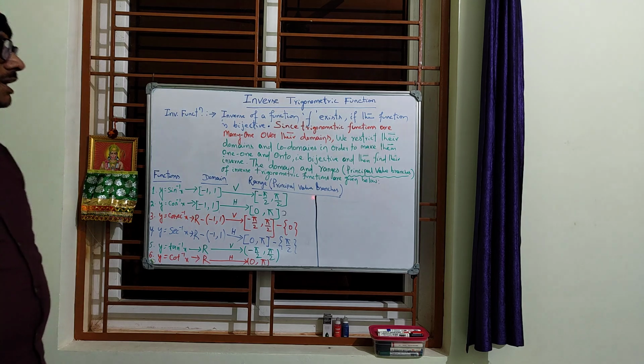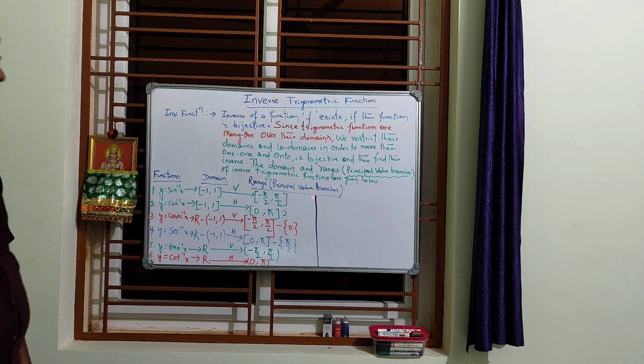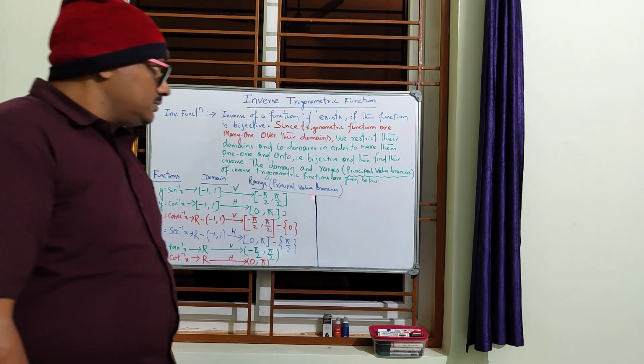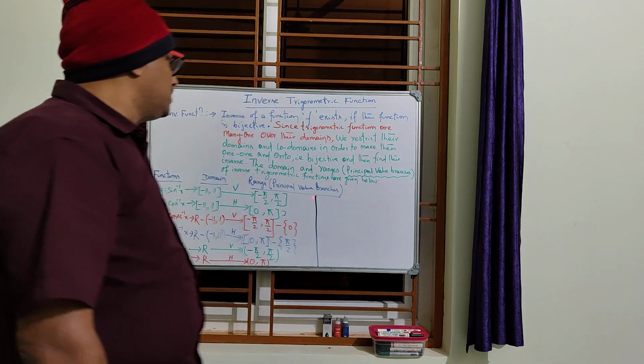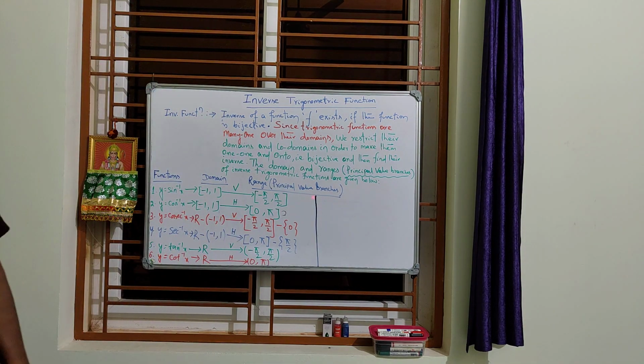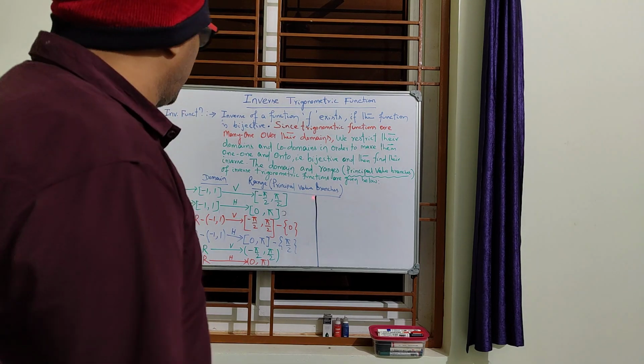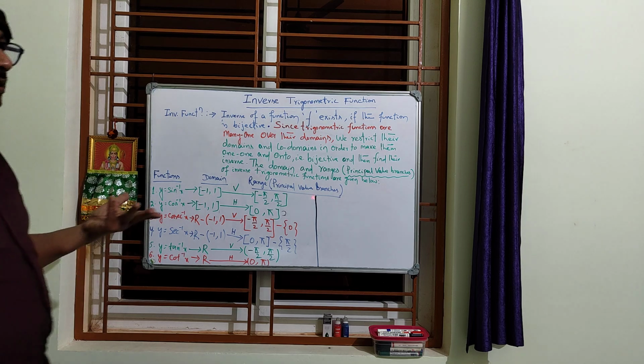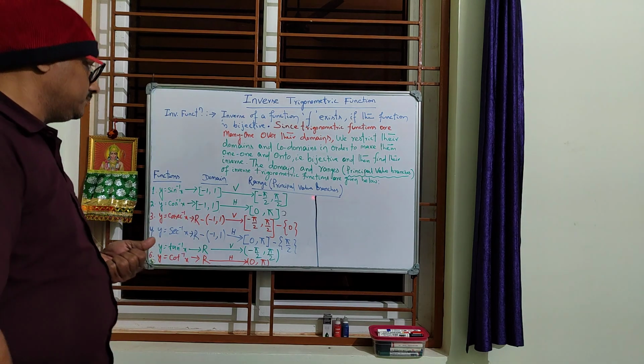Since trigonometric functions are many-one over their domains, we restrict their domains and codomains in order to make them 1-1 and onto, that is bijective, and then find the inverse of the trigonometric function.